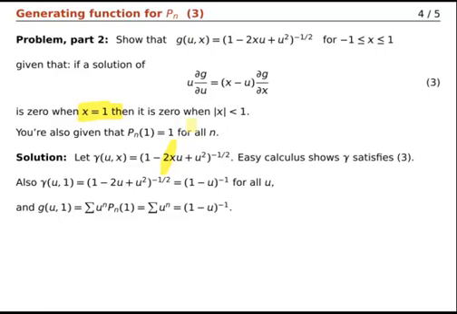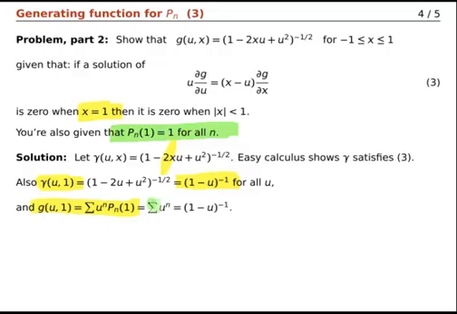So to cut a medium long story short, gamma of u and 1 equals 1 minus u to the minus 1. And likewise, g of u and 1 is given by the sum of u to the n p_n of 1. Here we are given an important fact about Legendre polynomials, that p_n of 1 is equal to 1 for all n.